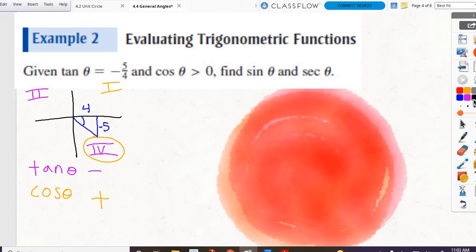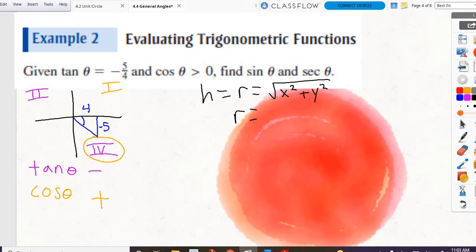The hypotenuse. So remember that our hypotenuse is our r value. Agreed? And we get that that is the square root of x squared plus y squared.